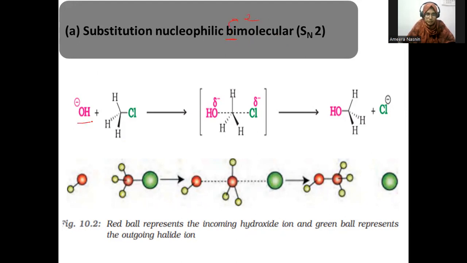So here the rate will depend upon nucleophile as well as the substrate. This is the mechanism. What's happening here is the nucleophile will attack the electron deficient carbon of the substrate and the leaving group will leave. And in between, we will get a transition state.